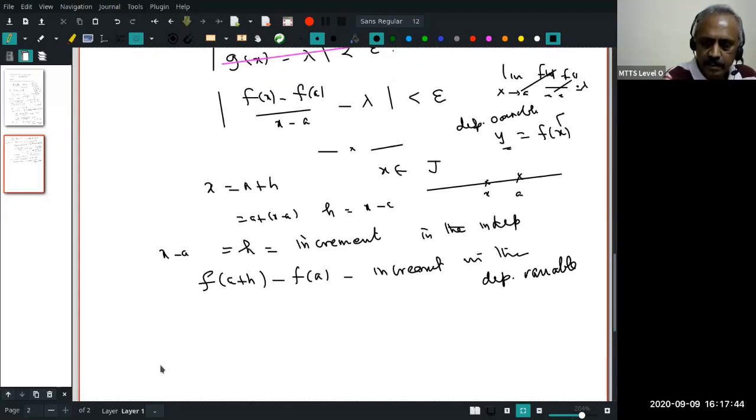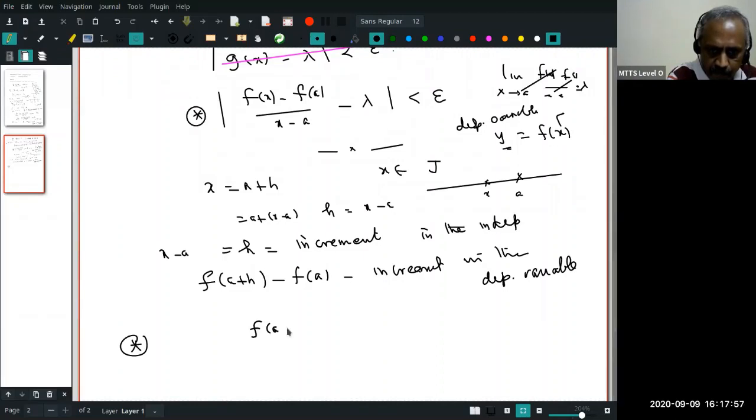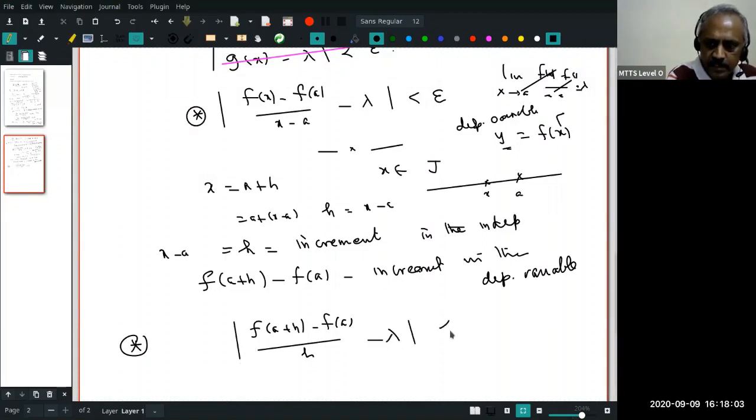Right? So let us look at this. What does the inequality star say then? It says mod of (f(a plus h) minus f(a)) by h minus lambda is less than epsilon.